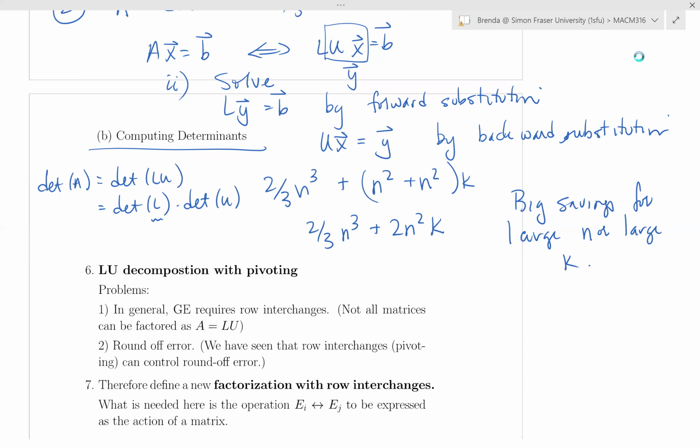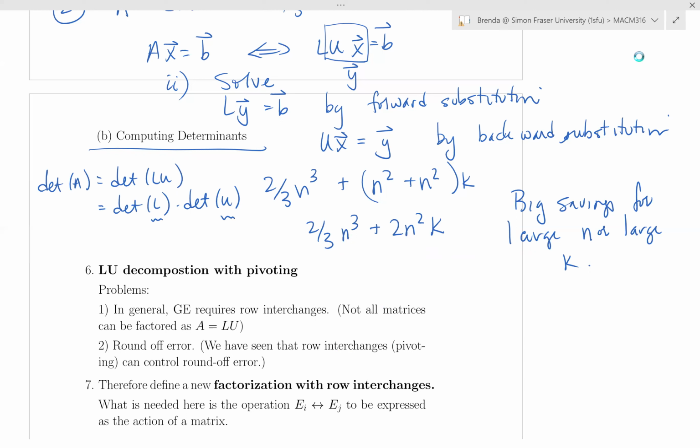Because these are triangular, that is just the product of the diagonal entries. That is how you calculate a determinant: factor and then use this fact.